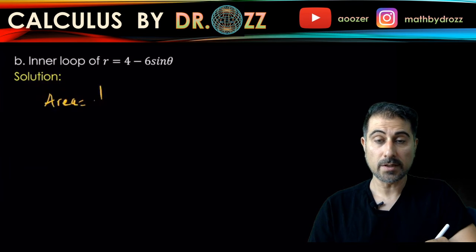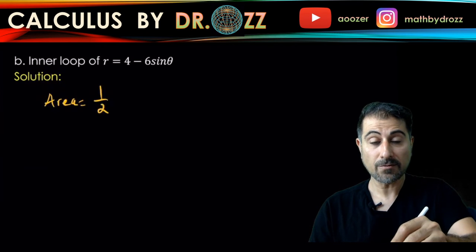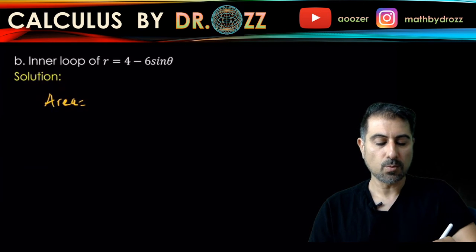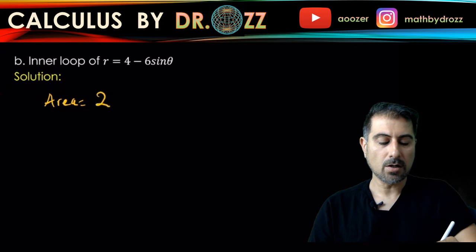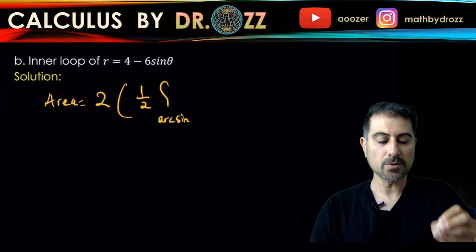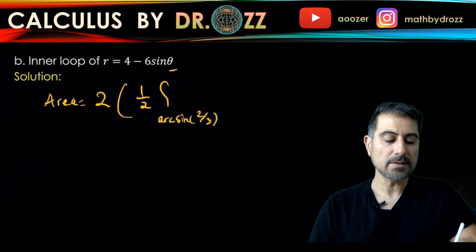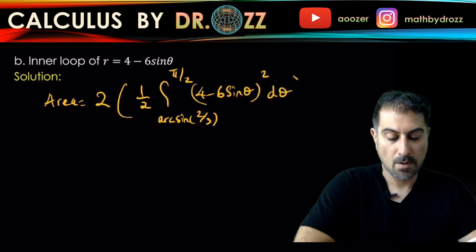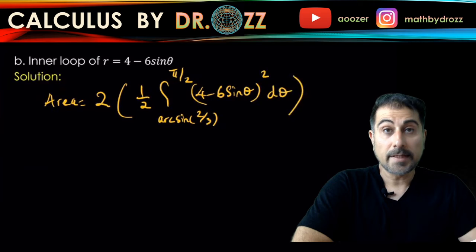We're talking about half of the inner loop, so essentially we're going to multiply that by 2. So 1/2 integral from arc sine 2 over 3 to pi over 2 of 4 minus 6 sine theta quantity squared d theta. That's the area of the full loop.